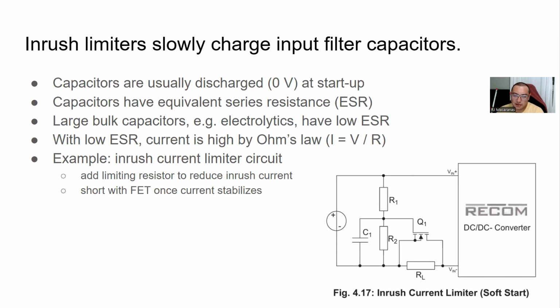But these capacitors, when we turn on our DC to DC converter, are usually discharged at 0 volts. And capacitors will always have some amount of equivalent series resistance. For these large bulk capacitors, especially electrolytics that have a lot of capacitance, will also usually have a pretty low equivalent series resistance, which means that we'll have very high currents flowing through it, right?